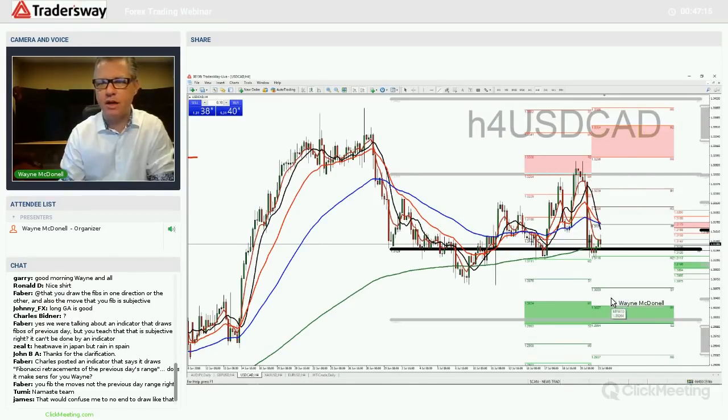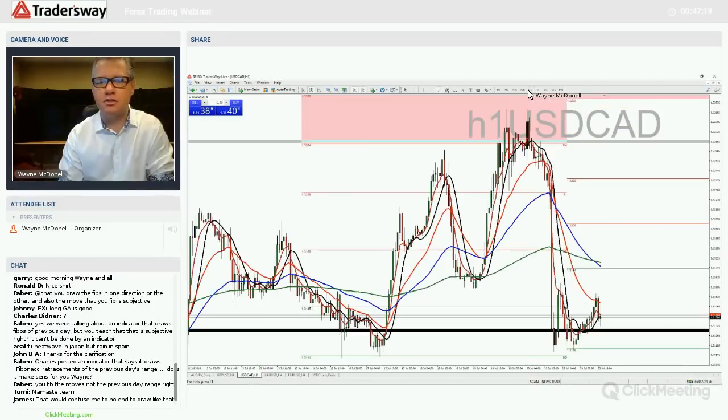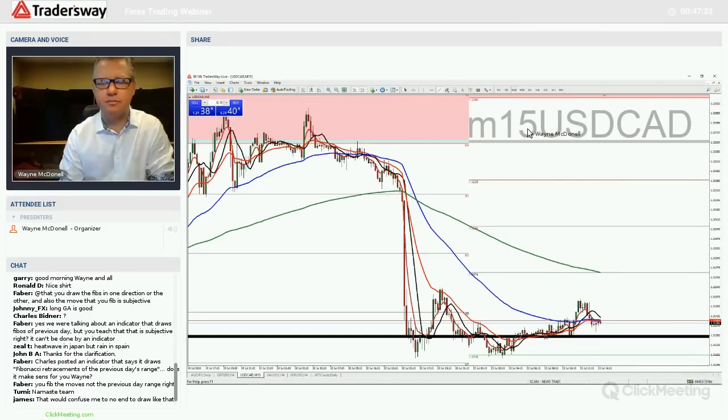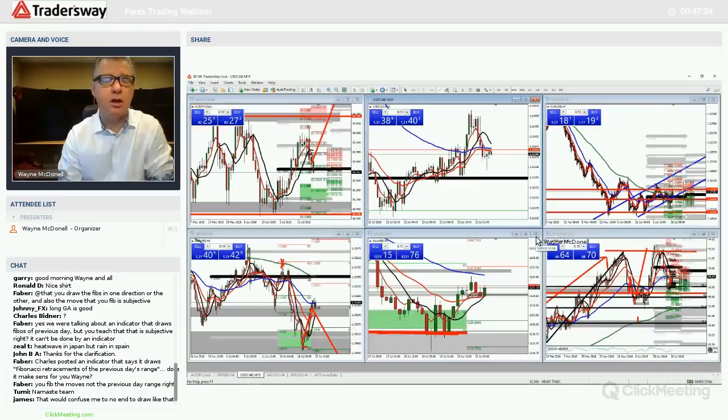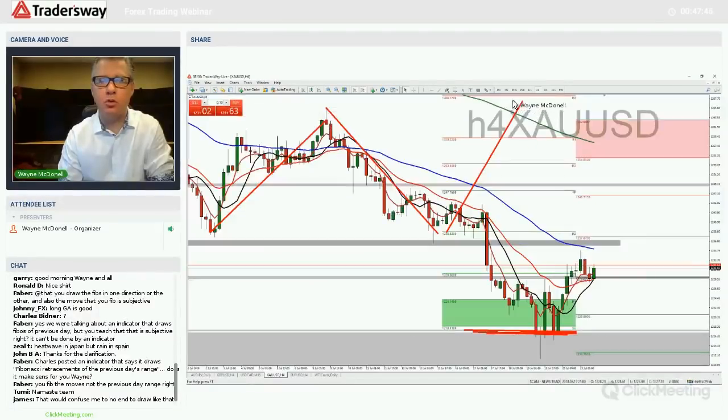So to trade the Asian fade, let's get off of this. Let's go to something. Okay, this is not a great example, but one of the things that you do, and again, this ain't gonna work. It's not a good example. Let's see if I can find a better example. I guess we'll go with this gold.